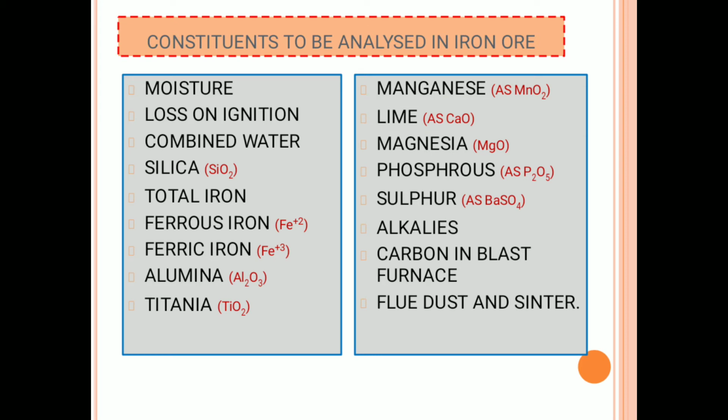of phosphorus as phosphorus pentoxide, estimation of sulfur in iron ore as barium sulfate. Next, estimation of alkalis. Alkalis, particularly here sodium and potassium as their chloride salts NaCl and KCl.